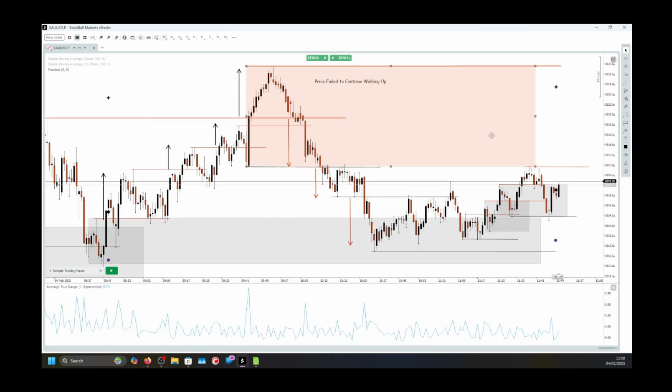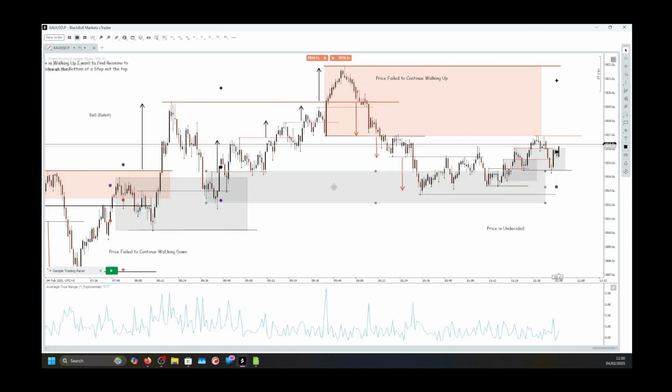I'm not taking the trade because for me, I like to get all my trading done by this time, by 12 o'clock ideally. And we're just coming up to 12 now.